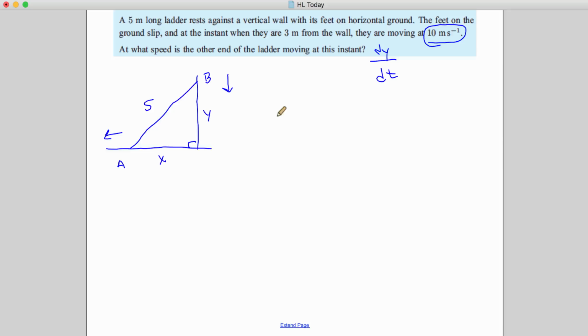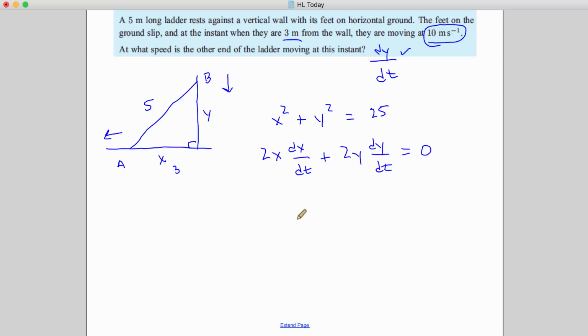Clearly we have the Pythagorean theorem: x squared plus y squared is equal to 25, or 5 squared. If I differentiate with respect to t, I would get 2x dx/dt plus 2y dy/dt, and the derivative of 25, or any constant, is 0.